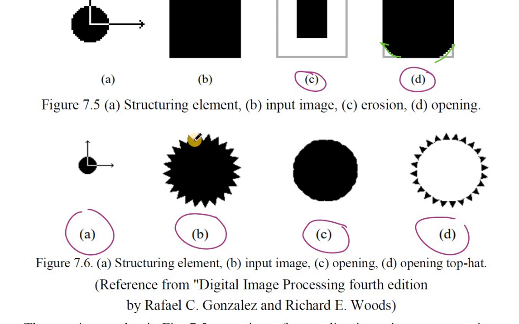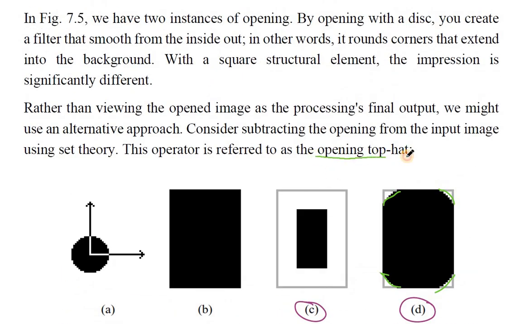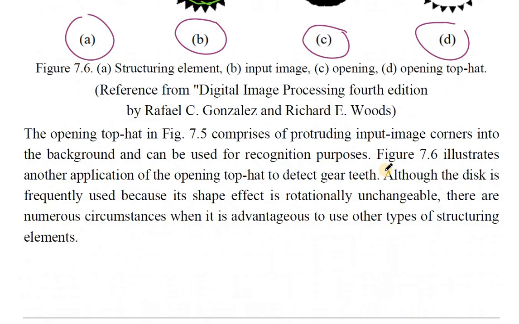When you subtract it from the original image, this part will vanish. So what is going to remain? Only the small triangles around the border. The inner shape will go away. So again I repeat, how do I get the opening top hat operation? By subtracting the opening image from the input image using set theory. So it is a very simple concept.